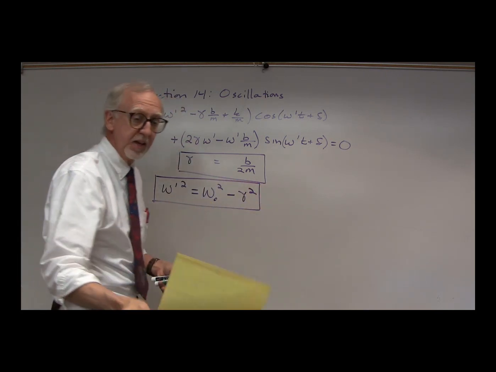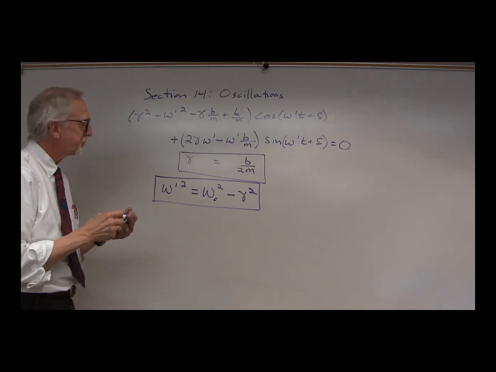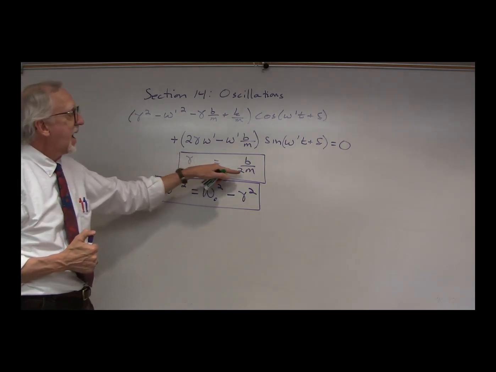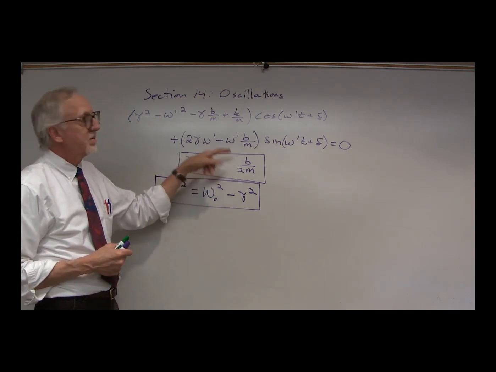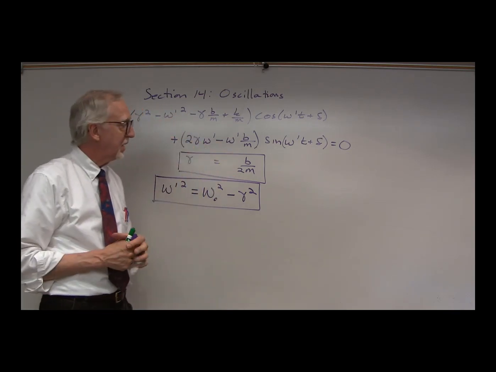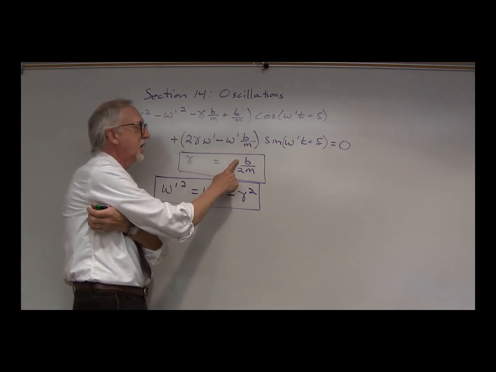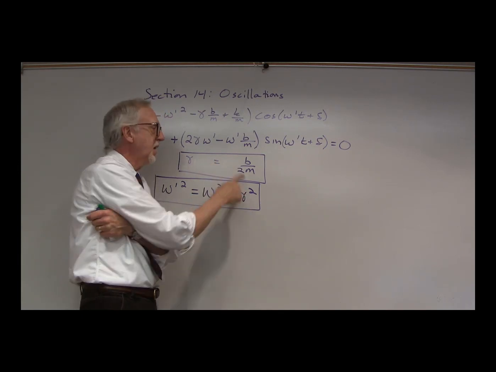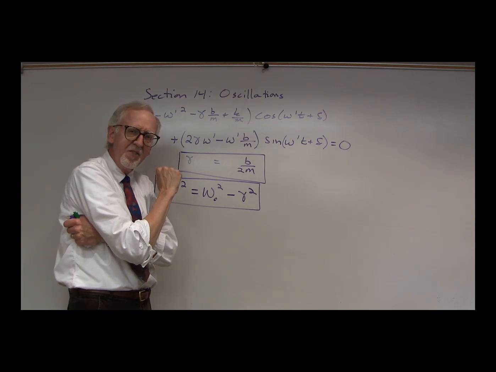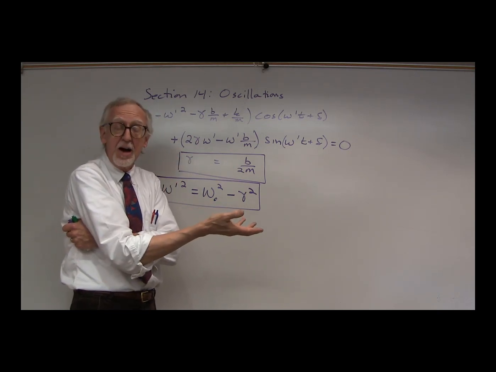What is this telling us? Well, gamma tells us how rapidly our oscillator damps out, how rapidly the amplitude decreases, which makes sense because the larger b, remember the frictional force was minus bv, the more friction we have, the faster the object will damp out. That makes sense.